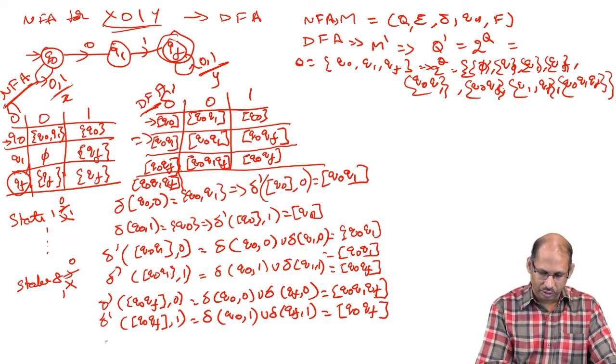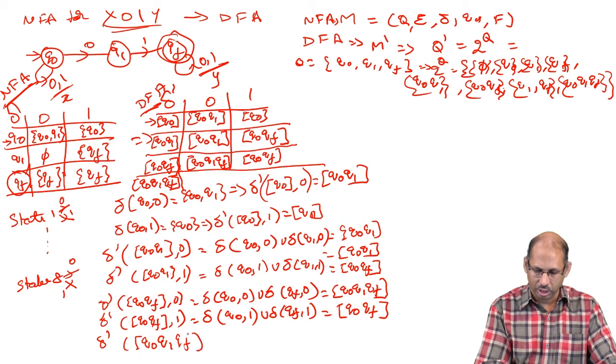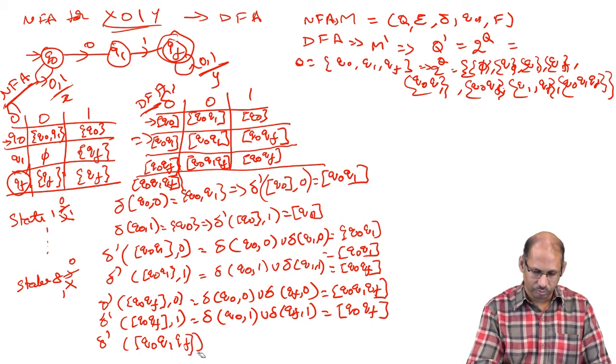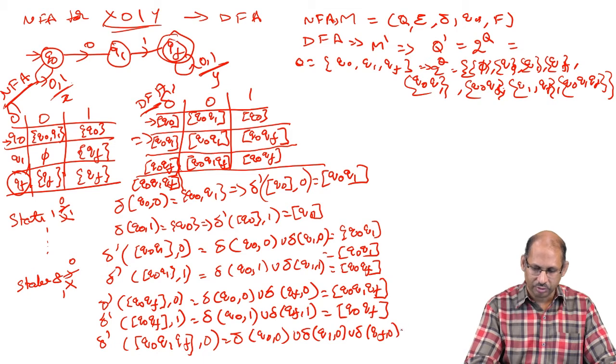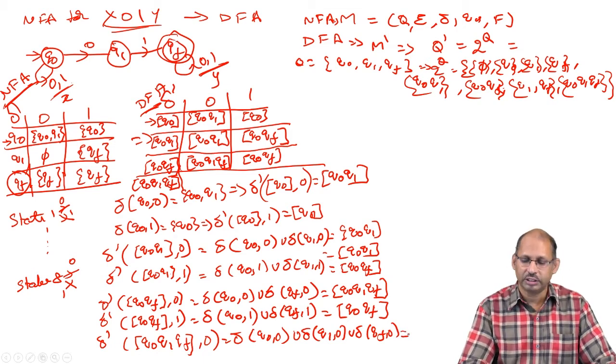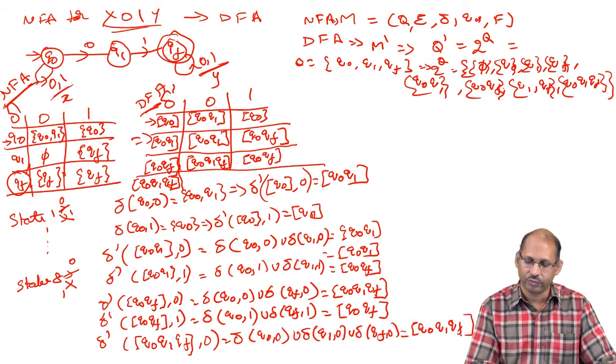So here, the DFA state Q naught, Q1, QF on 0 is just the NFA Q naught on 0, Q1 on 0, QF on 0, which results in simply Q naught, Q1, QF.